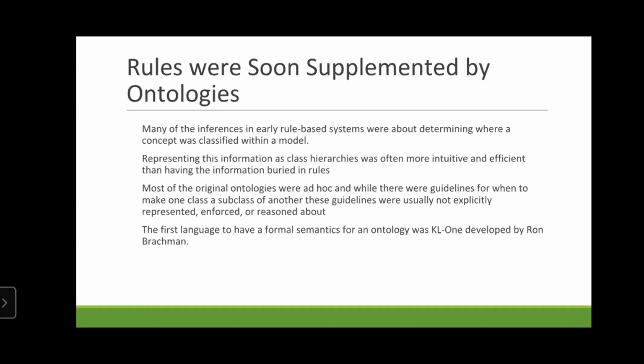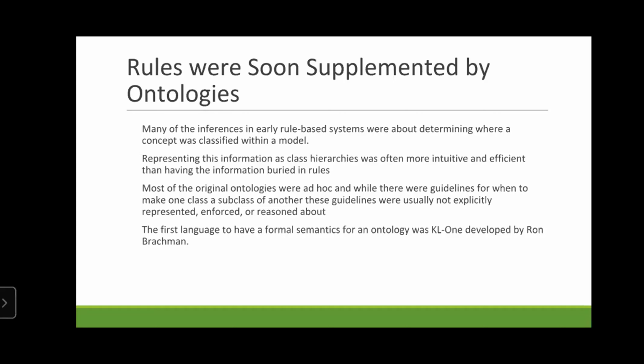And making the model explicit, making a taxonomy or ontology explicit, made it much more intuitive to develop the systems and to write the rules, and it also made them much more efficient than having the ontology embedded inside of the rules.